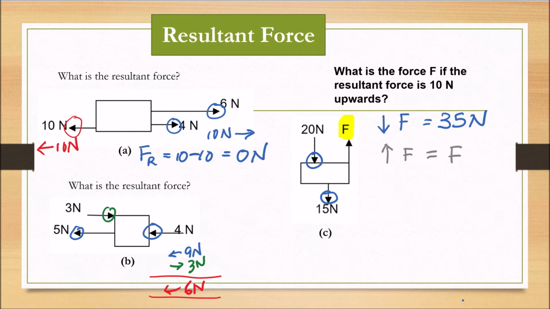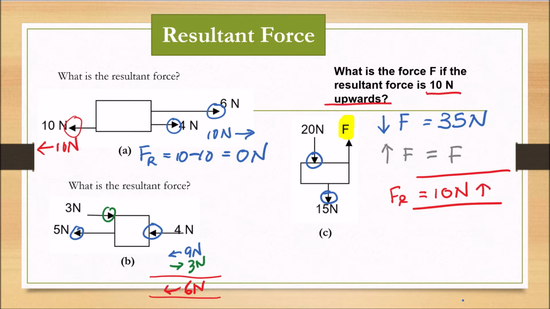I know it's F. And I do know that these two forces interact with one another, and they will give you a resultant force of 10 Newtons upwards, because this is what the question said.